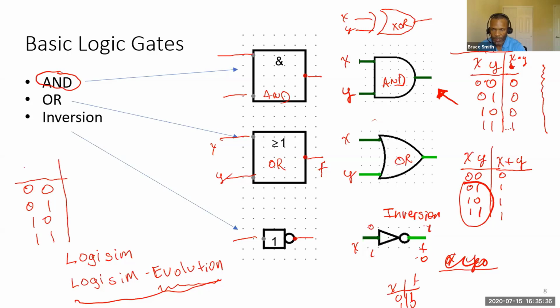If I take those two inputs and perform a so-called exclusive OR operation, the question I'm asking is, is it true that only one of these is a 1?